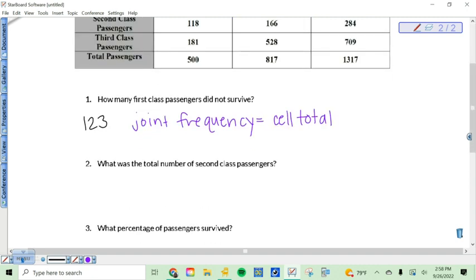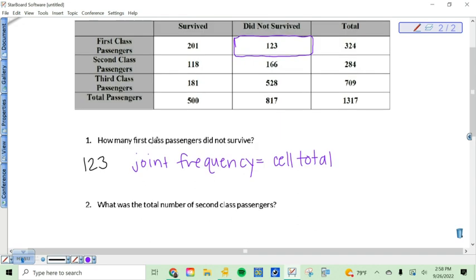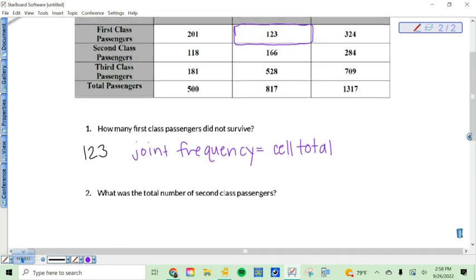Next question asks, what's the total number of second class passengers? Excellent. 284, right? And this is what's called marginal frequency.